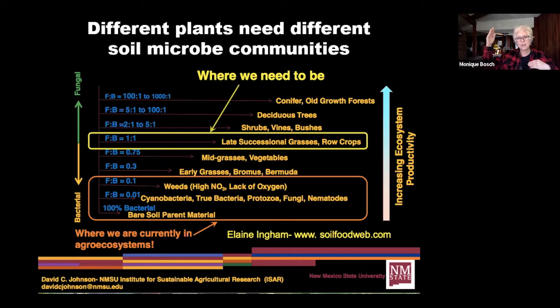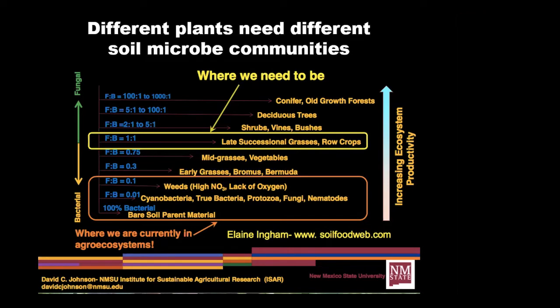So what we want is to find a balance of bacteria and fungi so we can grow what we would like to grow, which is row crops, grasses, pasture, vegetables. So that's why it's important to have fungi in our microbial population.